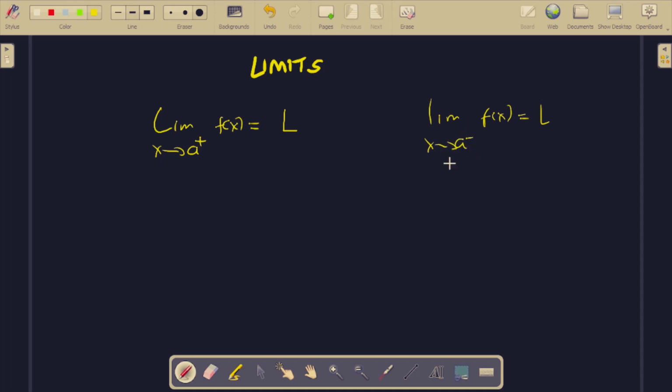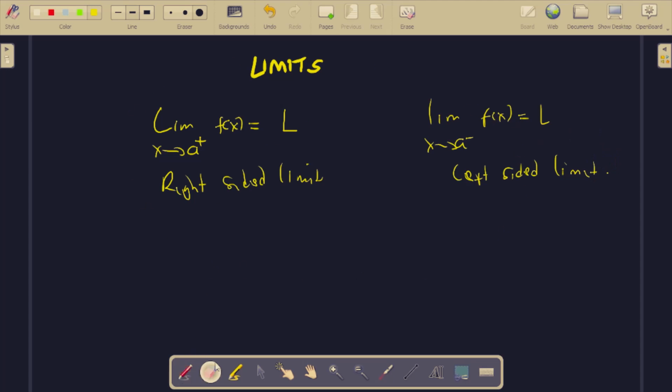What it means is that we're just considering values of x that are strictly less than this a. So these are what are known as sided limits. So this is a right-sided limit, and this one is a left-sided limit.